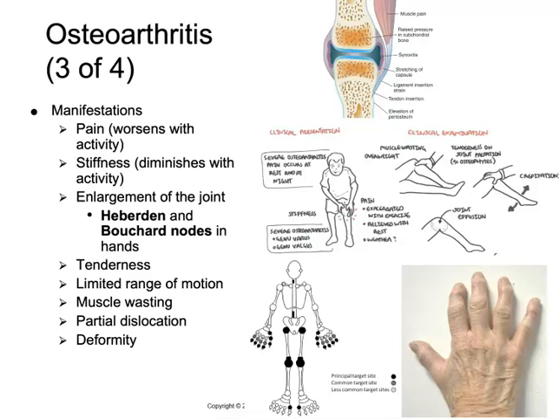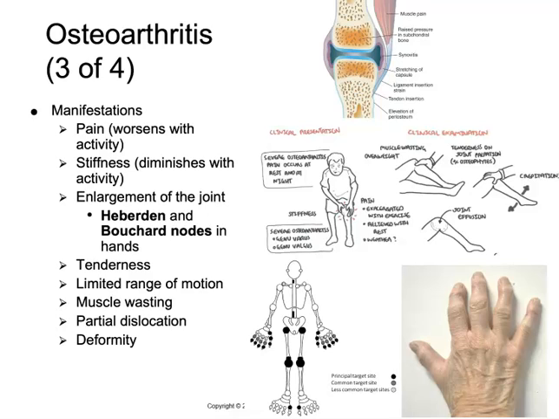Then it can progress and we can have stiffness, and that begins with the joint movement, and then the stiffness will start to dissipate. I should say that in less than 30 minutes is when we should start to see that stiffness dissipate. We may also hear some crepitus. This is a term that is used to describe a grating or cracking or crunching sound, or it's a sensation that we can hear or feel when we're moving our joint around.